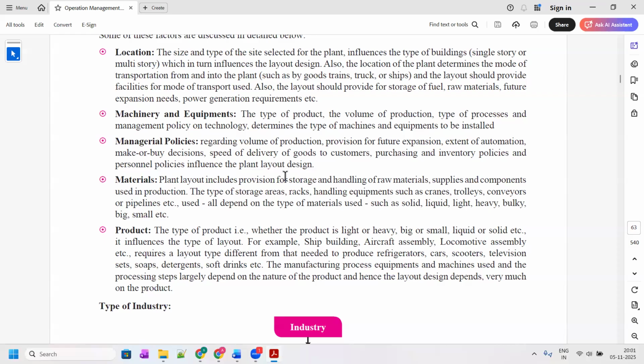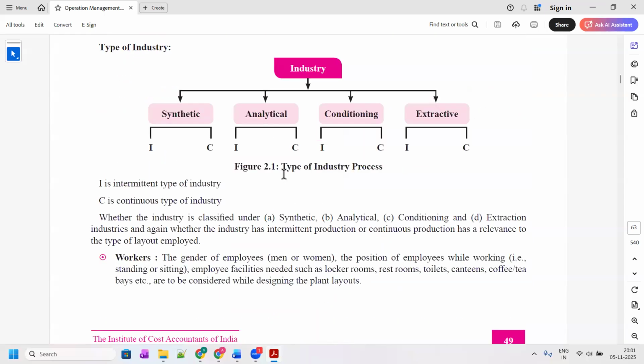So the product matters a lot. The layout depends on the type and nature of the product we are going to manufacture, whether it is heavy or light, big or small, liquid or solid. All of that matters here.